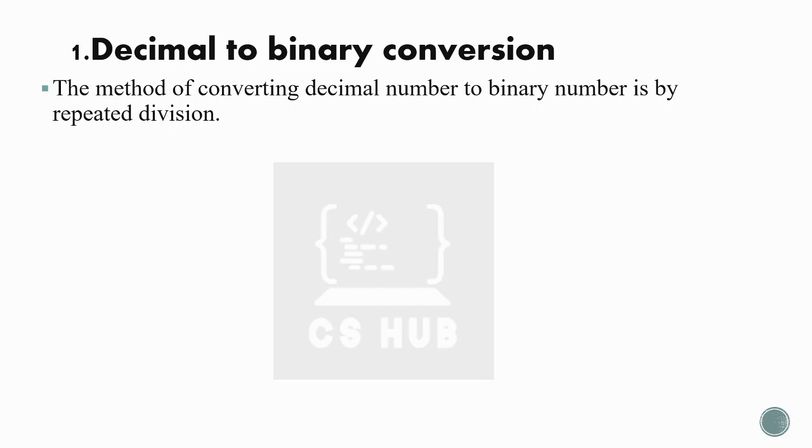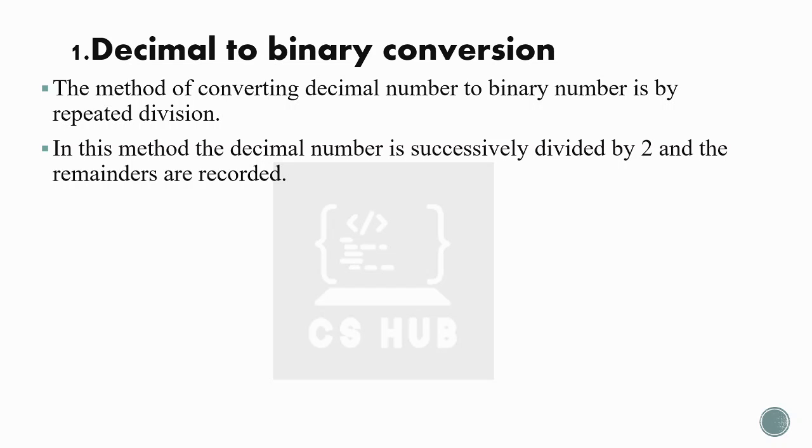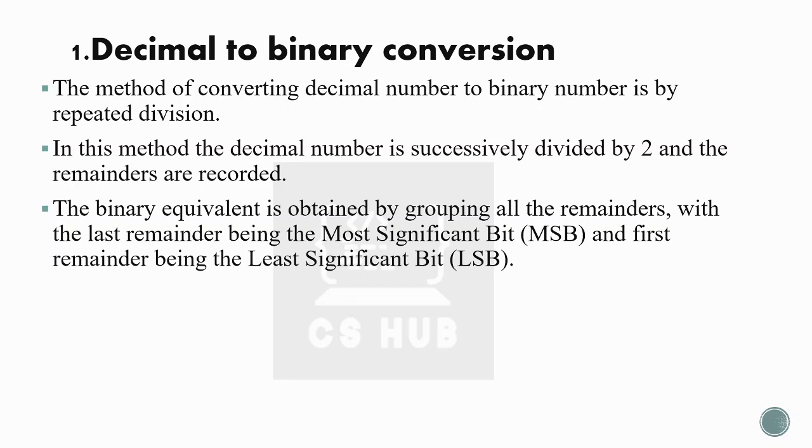The method of converting a decimal number to a binary number is by repeated division. So the method we are using is repeated division. In this method, a decimal number is successively divided by 2 and the remainders are recorded. The binary equivalent is obtained by grouping all the remainders, with the last remainder being the most significant bit and the first remainder being the least significant bit.